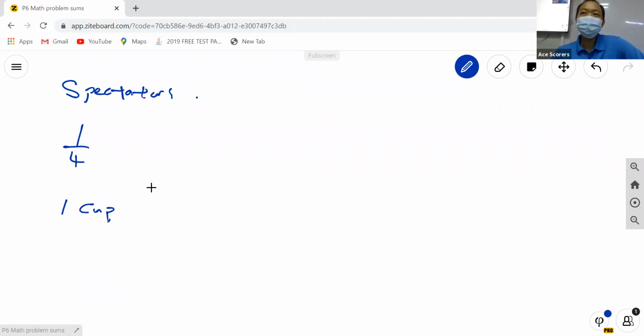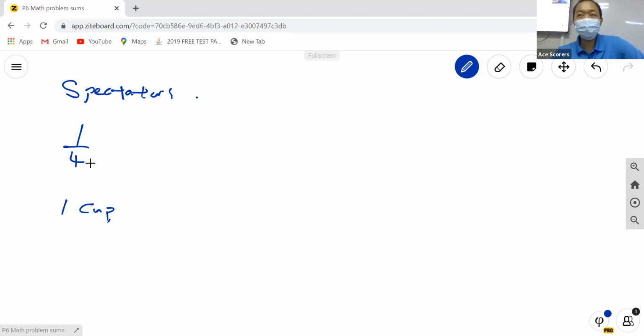Alright. So 1/4 is 1 cup. Then what else? What's the next piece of information, Princeton? So 2/5 of the spectators, of the remainder.